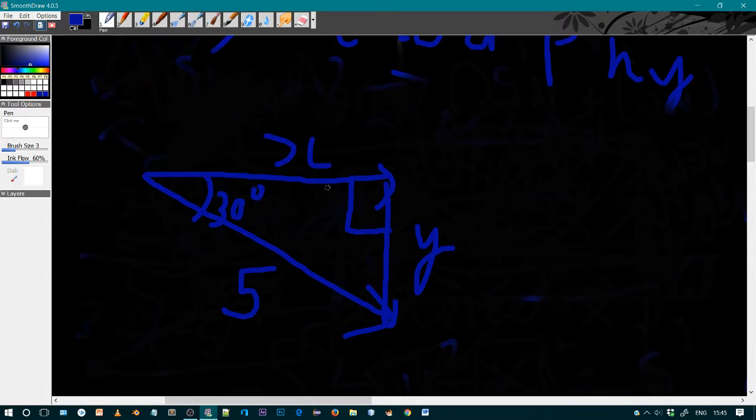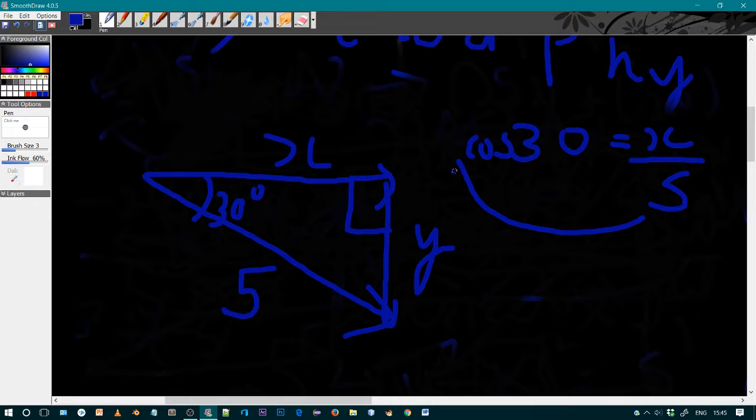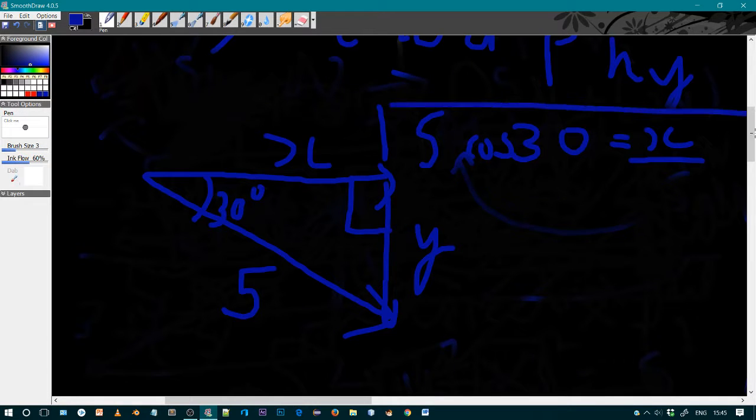So to find its x component, we'll be doing cosine of 30 is equal to x upon 5, and 5 will go there, so 5 cosine 30 will be x.